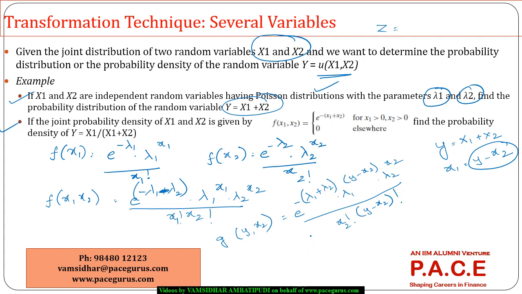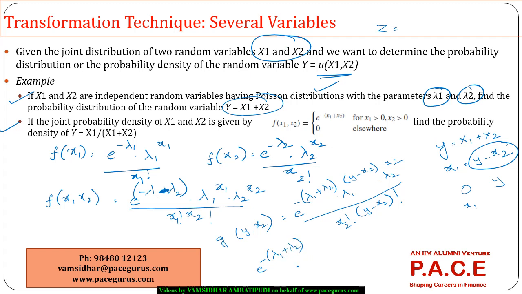Now I can do the summation with respect to x2. x2 can be from 0 to y, and x1 will be y minus x2. So I'll do a summation from 0 to y with respect to x2. I'm taking e to the power of minus (lambda 1 plus lambda 2) out as a constant.